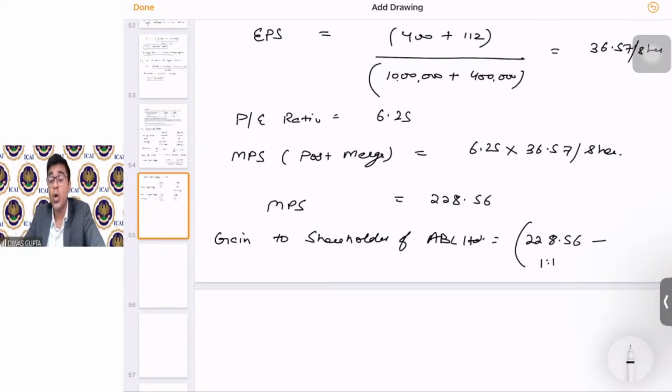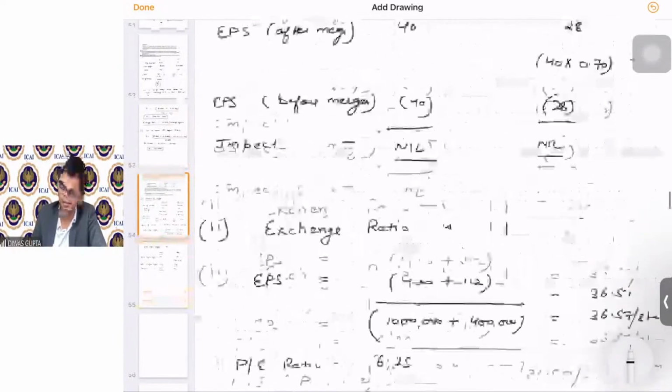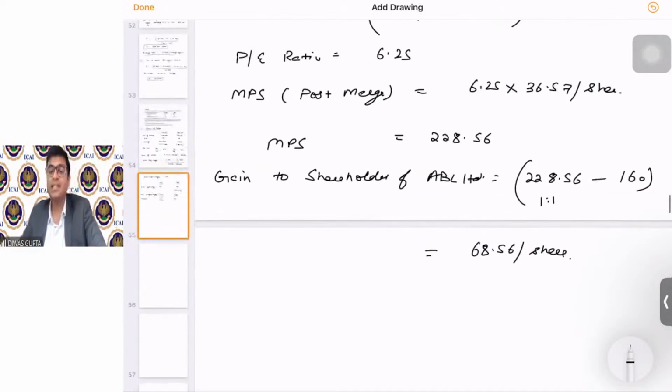Had the swap ratio not been 1:1, we would have multiplied this 228.56 with the swap ratio to arrive at the equivalent price, minus the pre-market value for ABC Limited, 160. So at a market price level, they have gained by 68.56 per share. We have utilized the fact of same PE ratio and the fact of 1:1 exchange ratio, and using that we have computed the EPS, and with that, we have calculated the gain to the shareholders of ABC Limited.